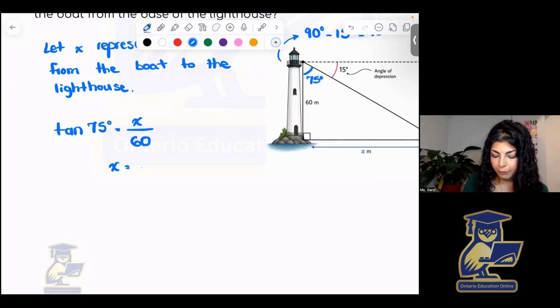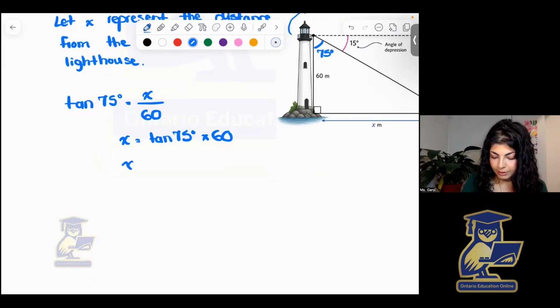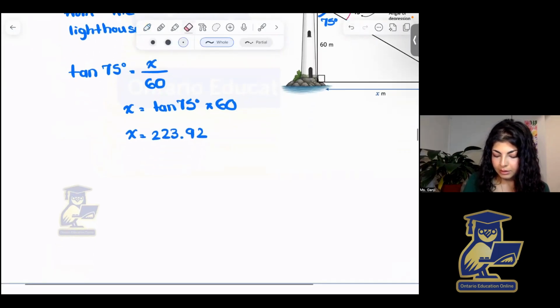Now, solving for x, this is tangent of 75 degrees times 60, and if I evaluate this, I get x equal to 223.92, approximately.